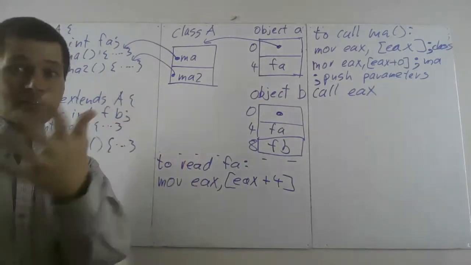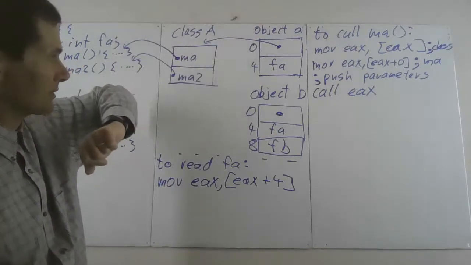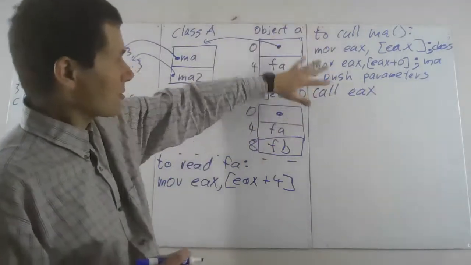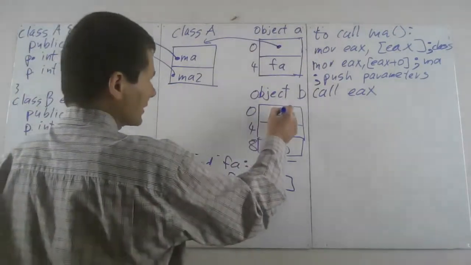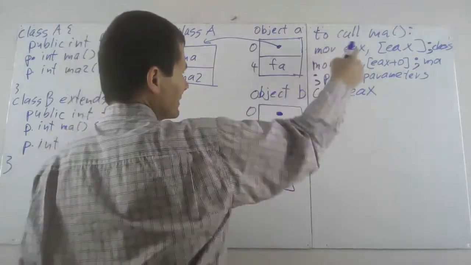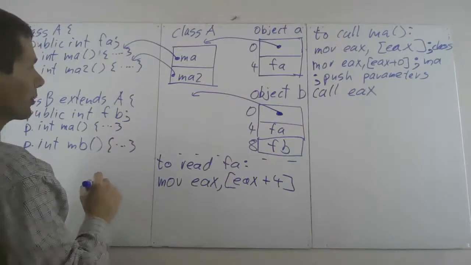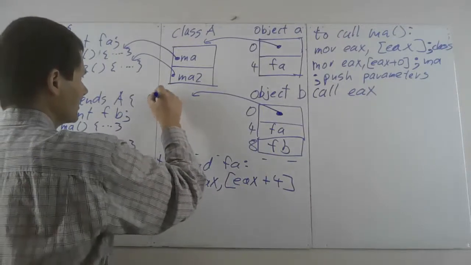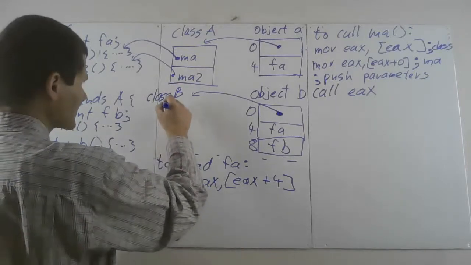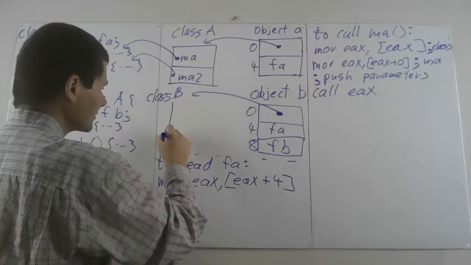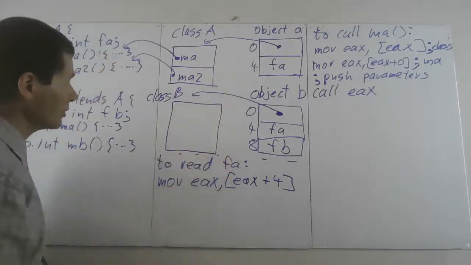And again, at compile time, I don't know whether I have an object of type A or of type B, and so this same code should work for the object of type B. So I need that first word of object B to also point to the class information of that object. This is going to be the information for class B, and the layout of class B has to obey this whole prefix rule.